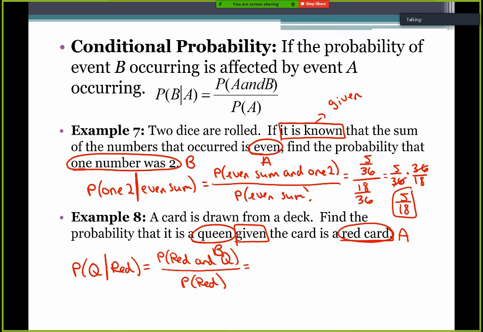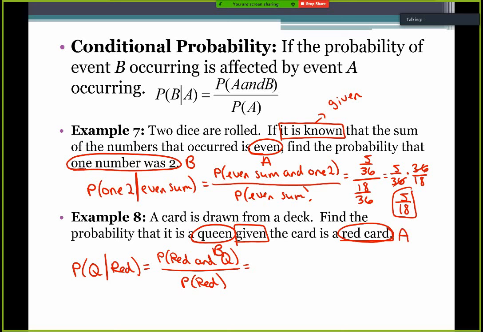That word and in the numerator, remember, we're not multiplying here because we're just picking one card. If I were picking two cards, we'd multiply, but I'm just picking one. So the word and in this case, we just want to find how many cards have both of those characteristics.